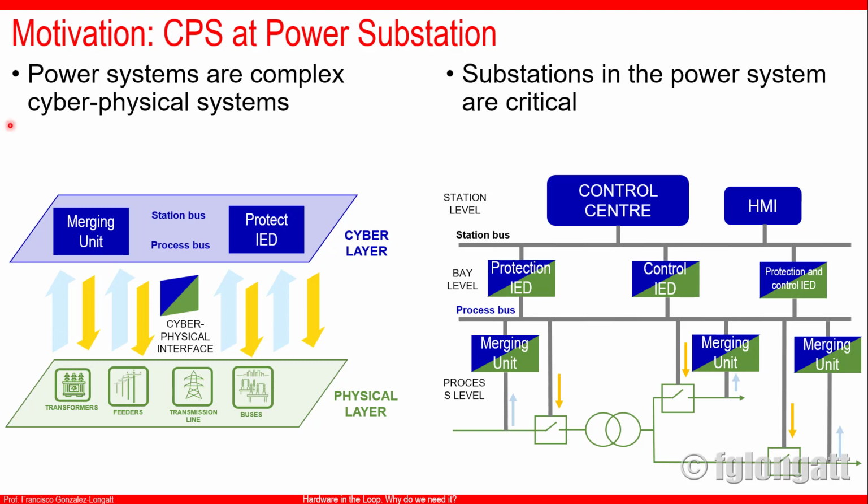As a consequence, we need a cyber-physical interface, moving all those signals up and down to the cyber layer, and the cyber layer is where all this communication and computation take place, okay?